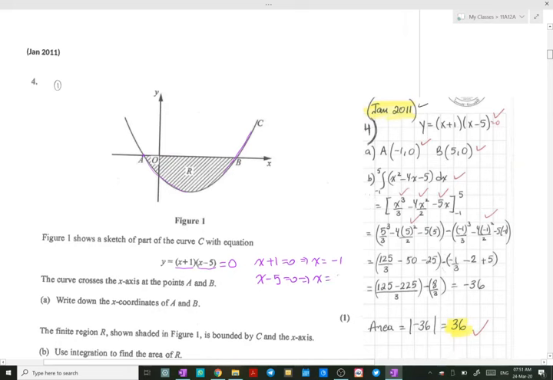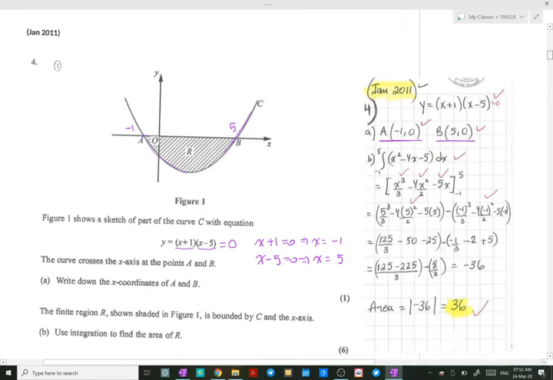Therefore, x is equal to 5. And definitely A is the one that has minus 1 as an x, and B has 5 for its x. So you have to write the coordinates of A and B in this manner.